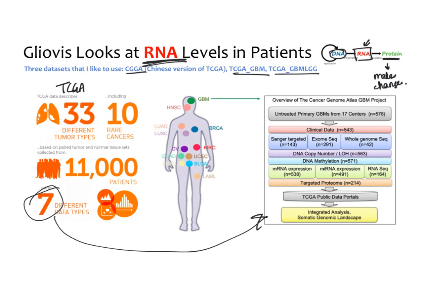And it provided a wealth of data that researchers use still today for all these different cancers to try to understand what's going on. We are specifically interested in GBM, and for GBM there are about 600 patients in this data set, and we can look at all of these different things, but what I'm going to focus on today is really the mRNA expression and the RNA-seq part of this.